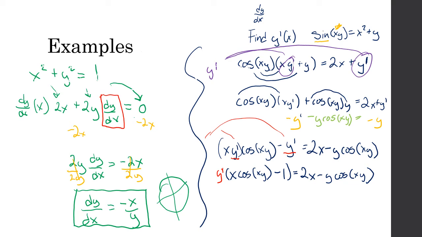And now we've got y prime times something, and what we can do is just divide each side by that something.